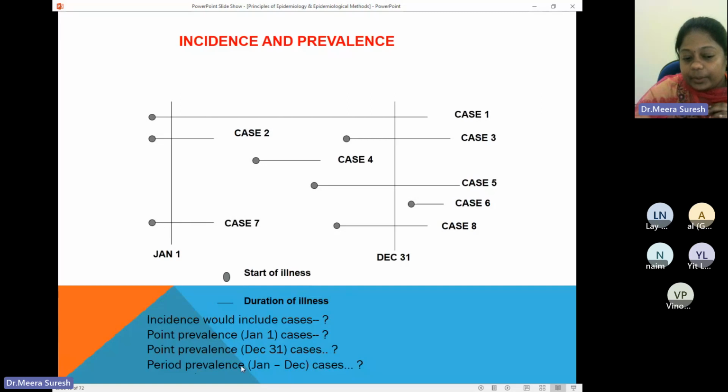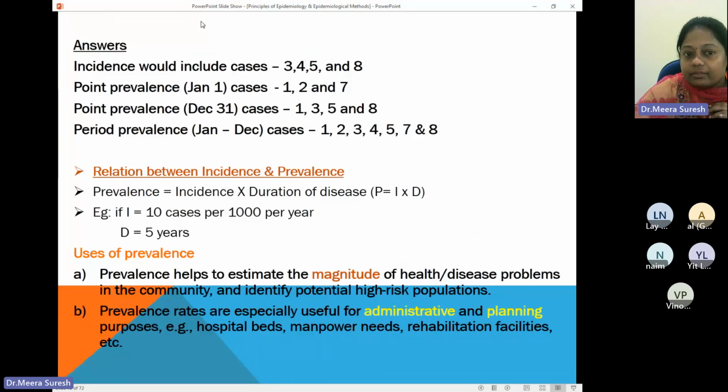But when it is period prevalence from January to December, it goes according to the concept. Prevalence should include all the past cases, all the previous or old diseases also, and hence in period prevalence, cases 1, 2, and 7 were added. So you have the answers over here also.